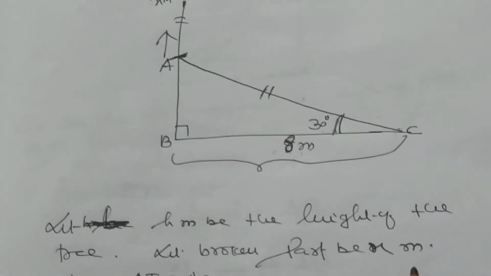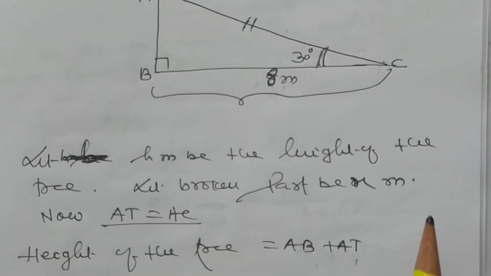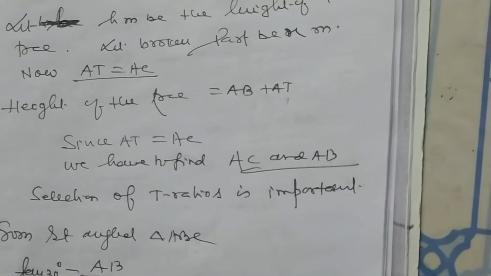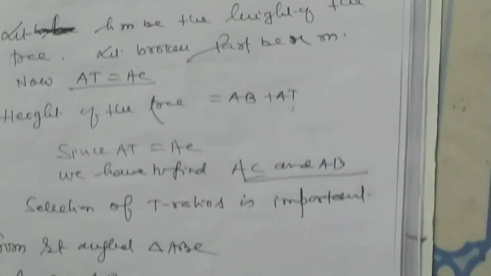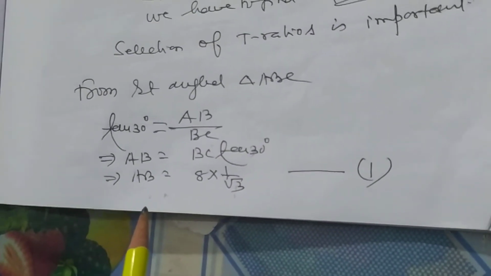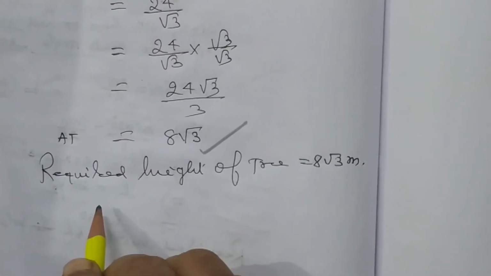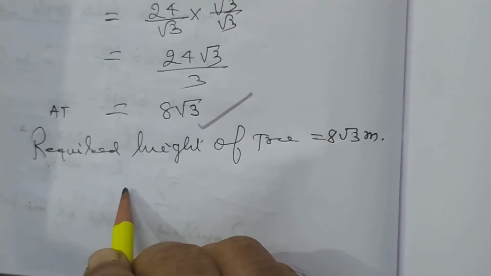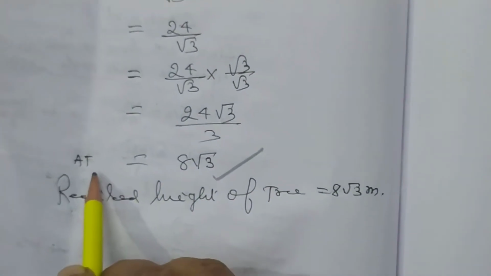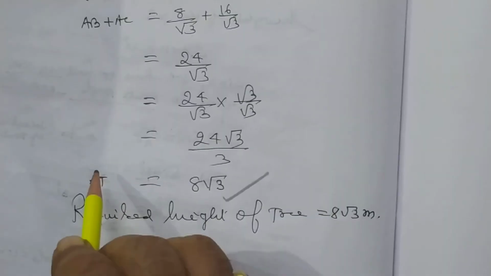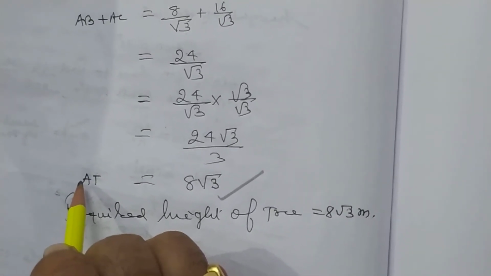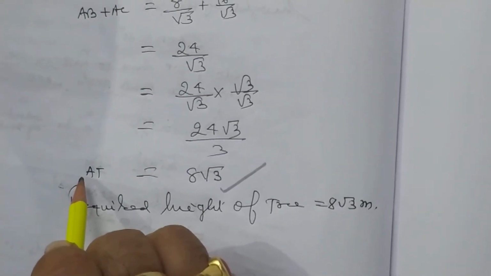So in this way, we can find the height of the tree. The height of the tree is equal to AB plus AT, which is BT.